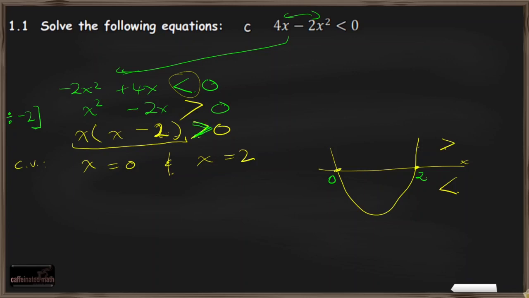Well, we are looking at the area above the x-axis, which means it's this arm and this arm, and we have a look at where they throw a shadow on the x-axis, which means the solution is split, because this is where we find it, where x is less than 0 or where x is obviously greater than 2.